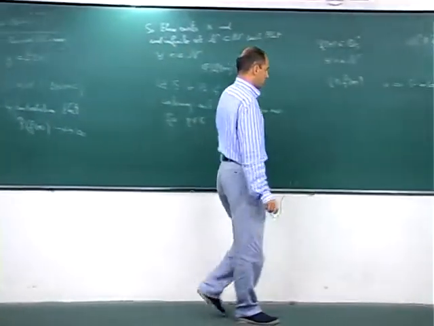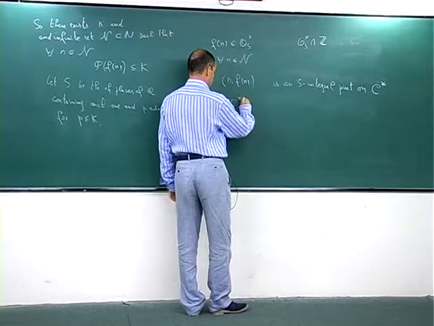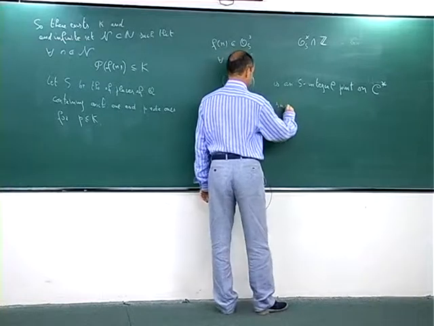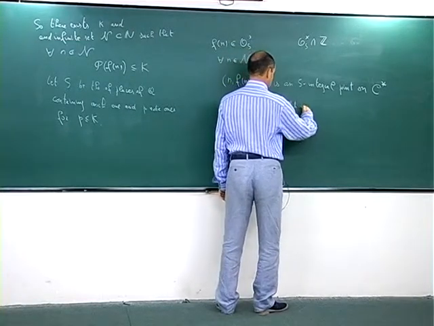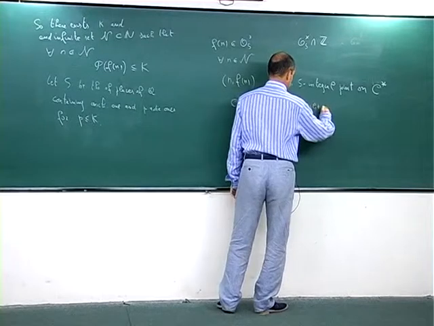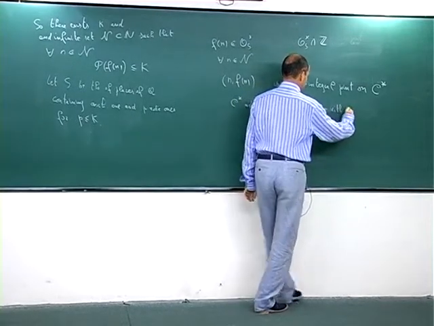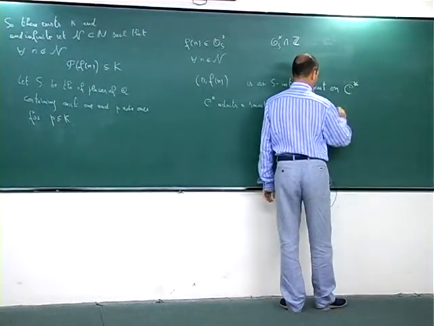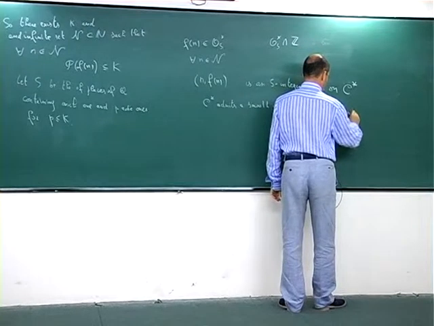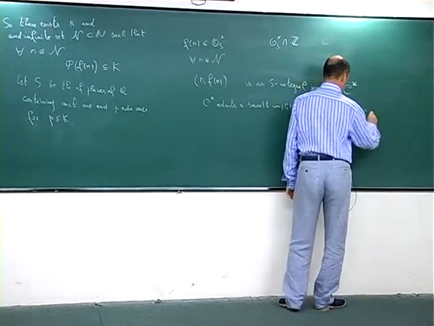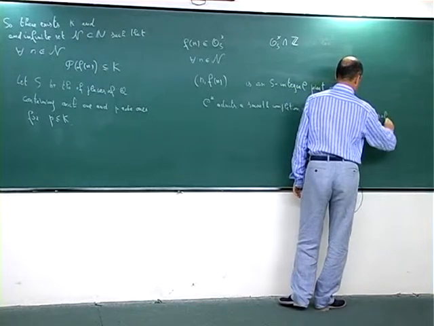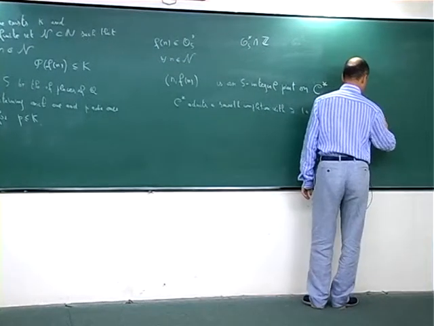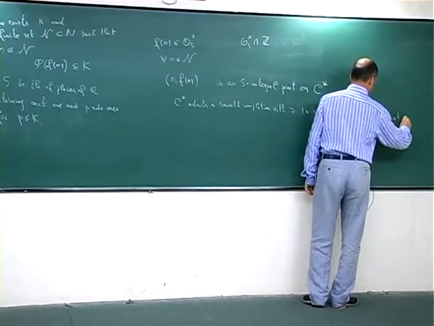And now I claim that C star admits a smooth completion with at least 1 plus the number of zeros of f points at infinity.